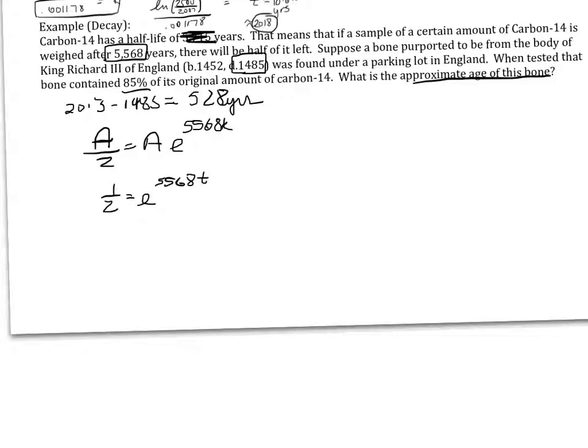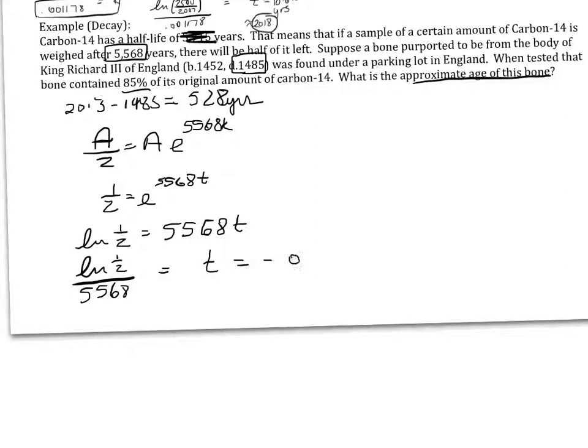Again, we can take the ln of both sides, and we get the ln of 1/2 is equal to 5,568k. So k is equal to ln of 1/2 over 5,568. Plugging that into your calculator, you get negative 0.000124. So that is good because we expect decay.